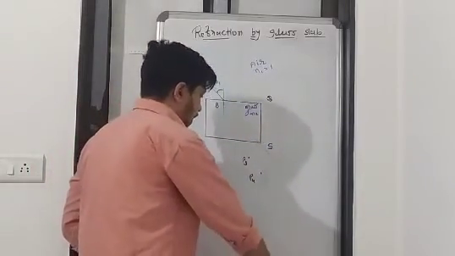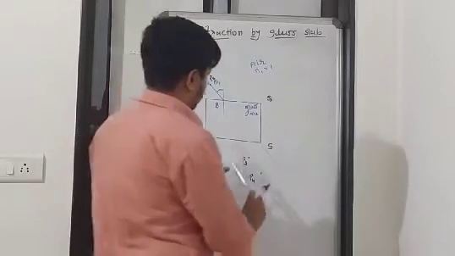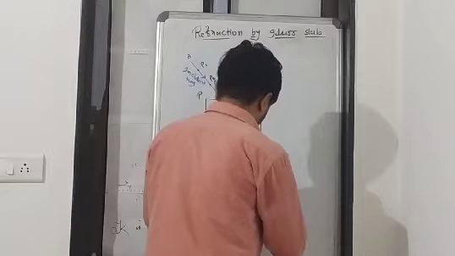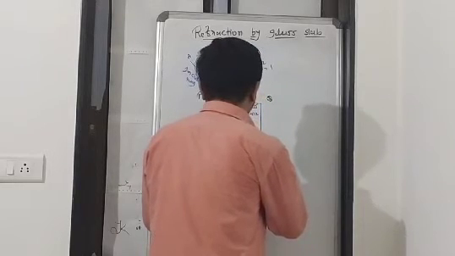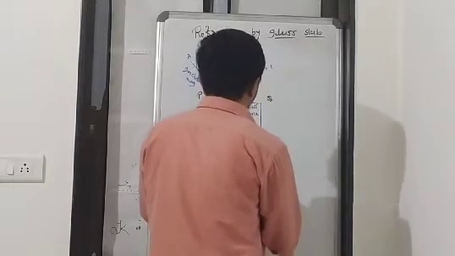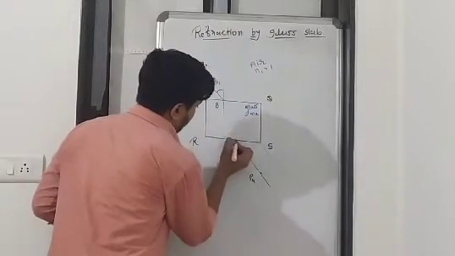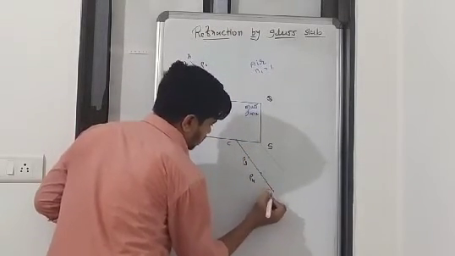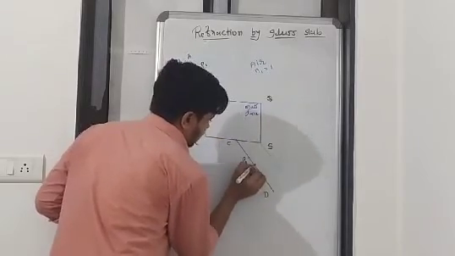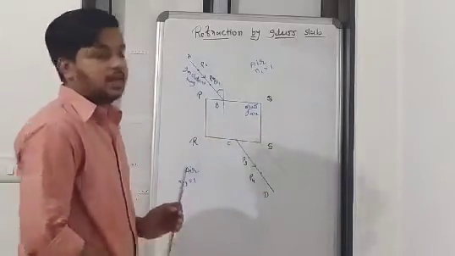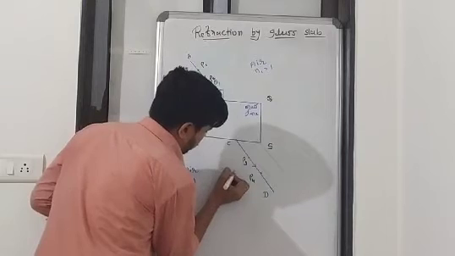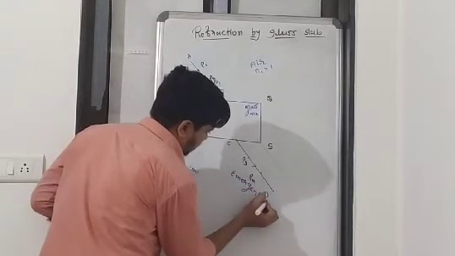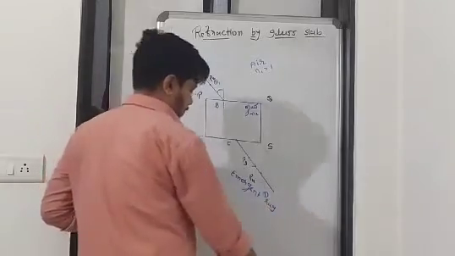Now you have to connect both the pins and extend it towards the side arrows. Give a name: this is C and here it is D. This is the emergent ray.